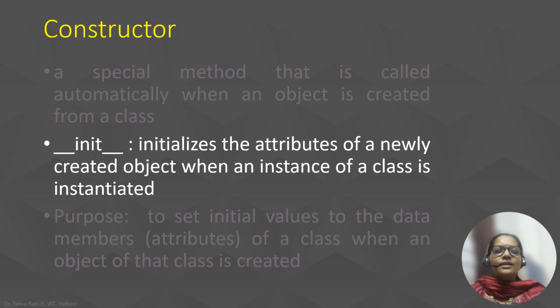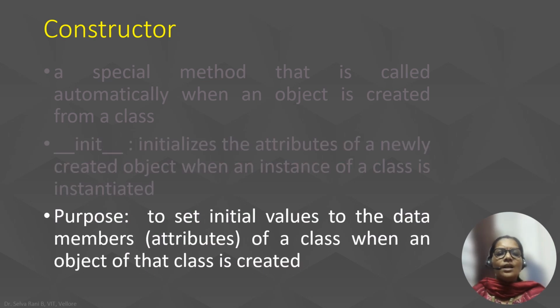Before and after, underscore symbols should be placed. This __init__ initializes the attributes of a newly created object when an instance of a class is instantiated. The primary role of a constructor is to set initial values to the data members of a class when an object of that particular class is created.